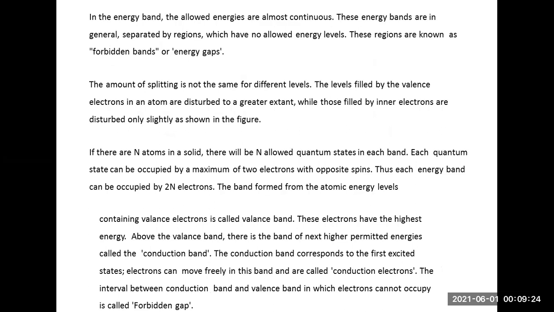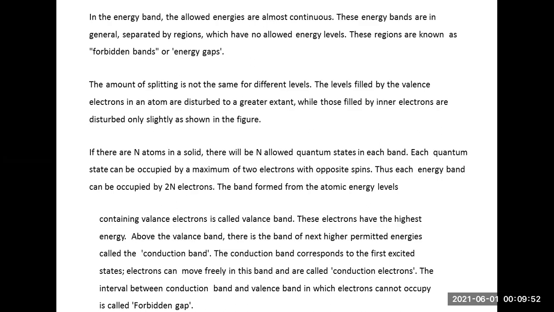The allowed energies within a band are almost continuous, and these energy bands are in general separated by a region. This small space that has been left is known as the forbidden band, or the energy gap.